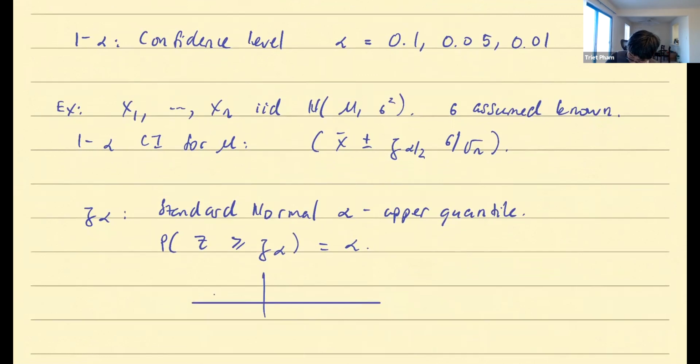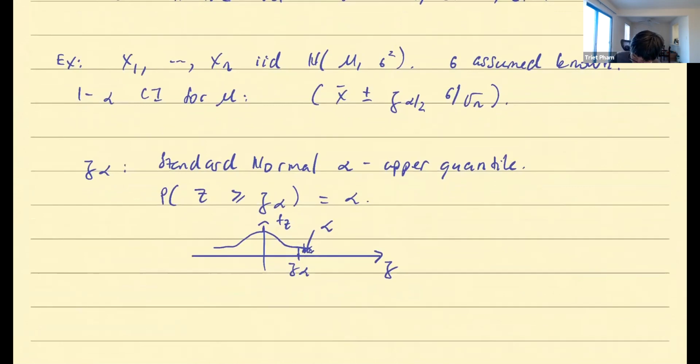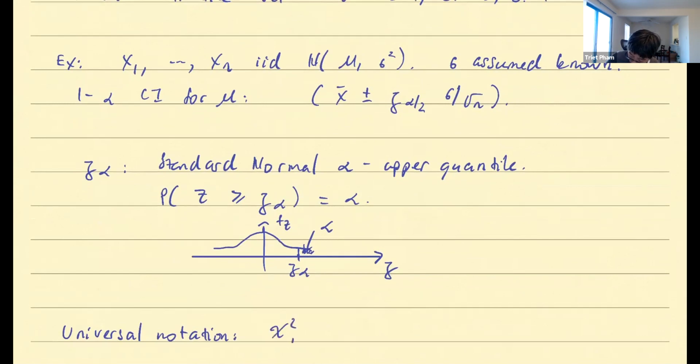Okay, so if this were the standard normal density, then if you have z alpha here, then the probability under the curve here is exactly alpha. So one thing to remember, right? This is actually universal notation. For example, you will see we can have a chi-square n alpha.